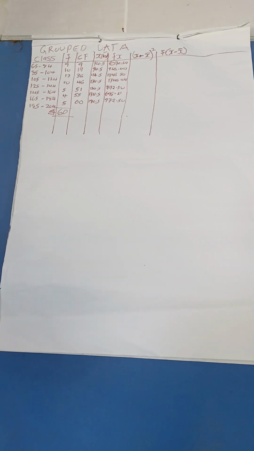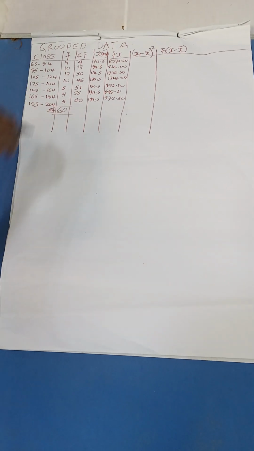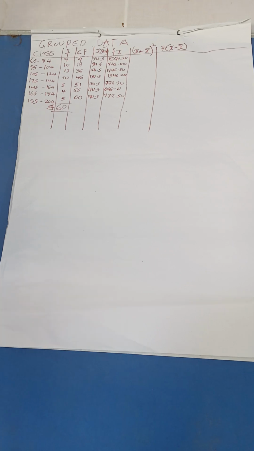So that's the fx: you multiply the frequency by the midpoint to get your figure.